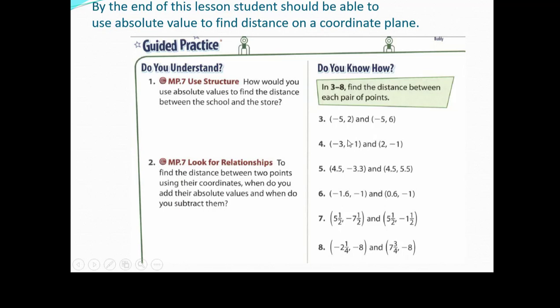You can remember: add d by different. I don't add the numbers, I add the absolute values of the numbers. So the absolute value of 2 is 2, the absolute value of negative 3 is 3, so 3 plus 2 equals 5.